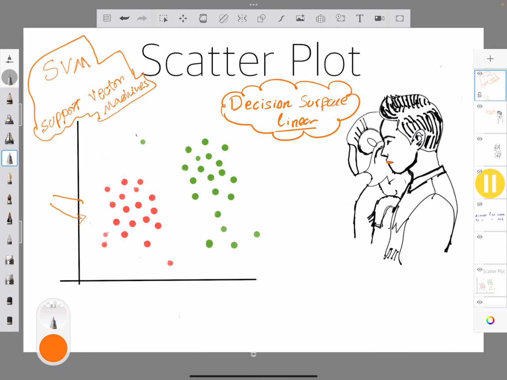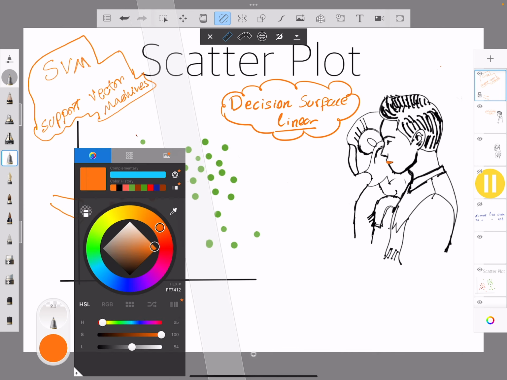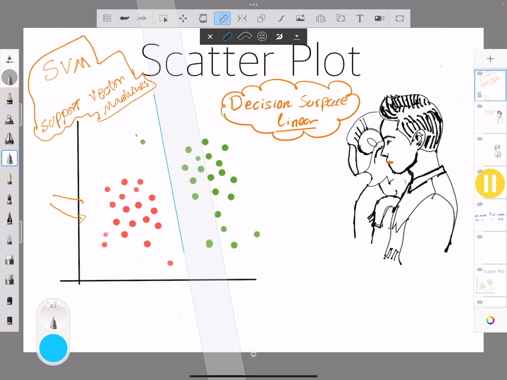So let's have it in 3 lines. I'm going to make 3 different lines, and your job is to tell me which one is the answer. One of them I'm going to draw like this. Let me change the color to blue. So this first one. Then we have one more here, and another one there.